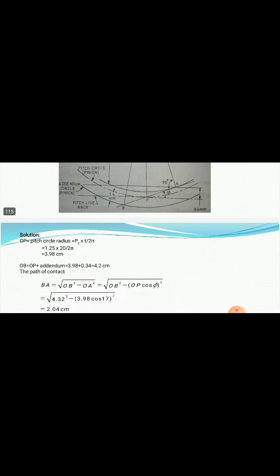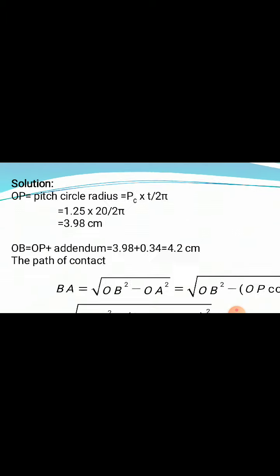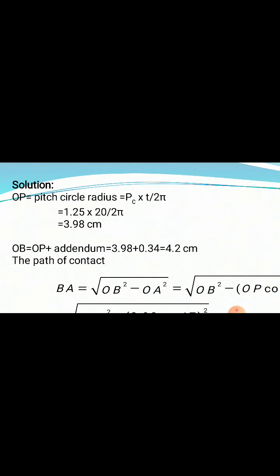OP is the pitch circle radius that you calculated right now. So OB becomes OP plus addendum, 3.98 plus 0.34, which becomes 4.2 centimeter. Now we know this OB value.